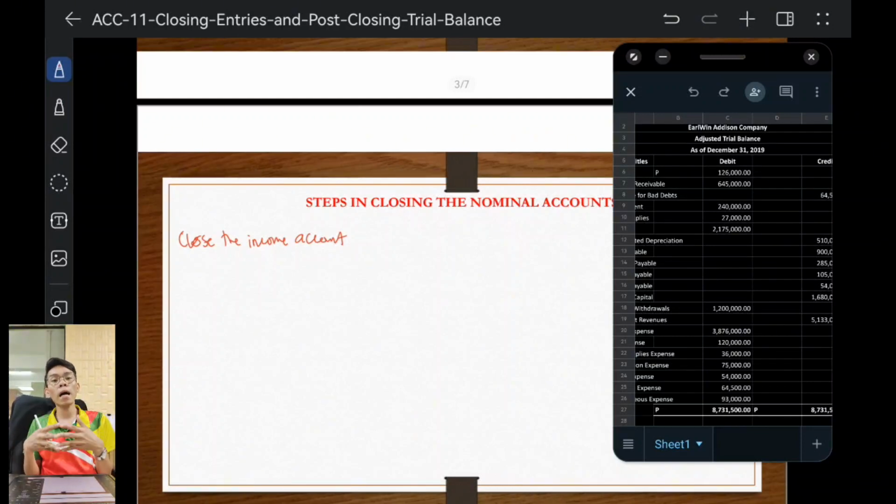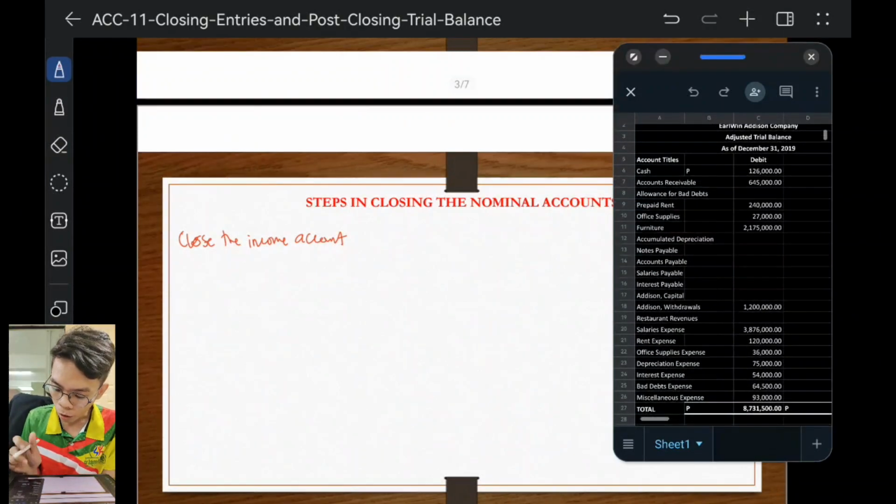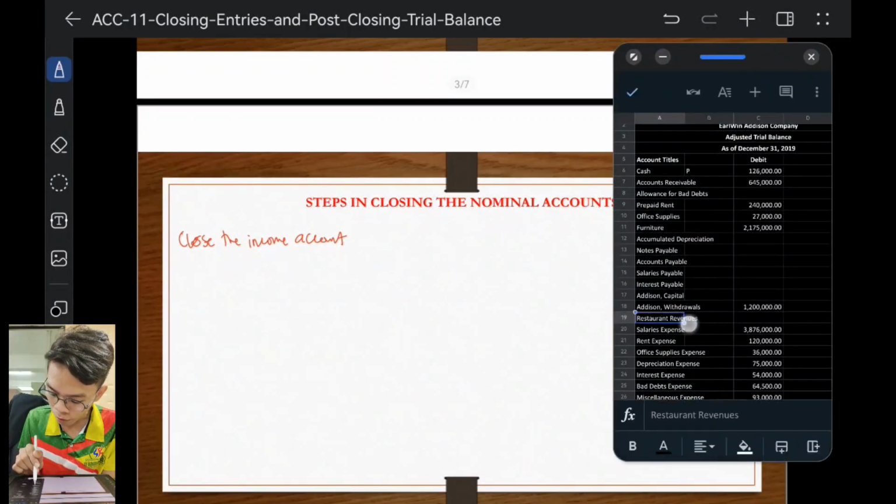The normal balance of an income is credit. So in order for us to zero out the credit, we need to debit it to zero out the balance of income. We have here restaurant revenues.